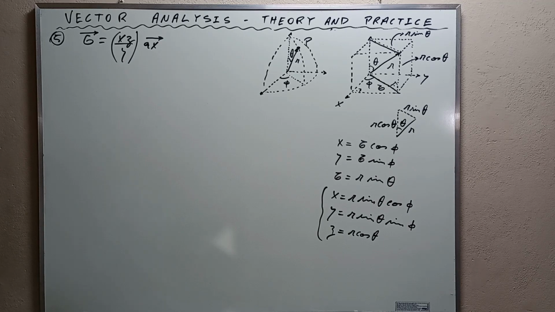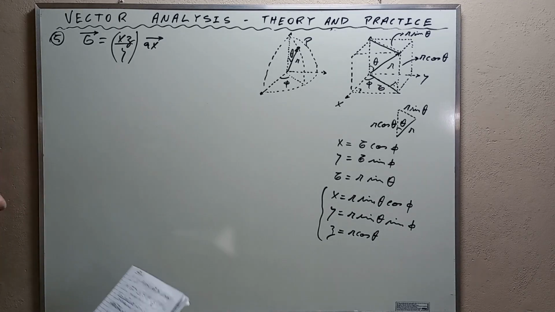As we learned, to find the components of a vector in a given direction, we simply use the dot product, because the dot product produces the component of the vector in the direction we want, okay?